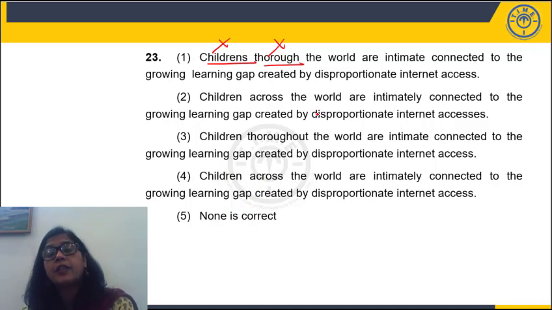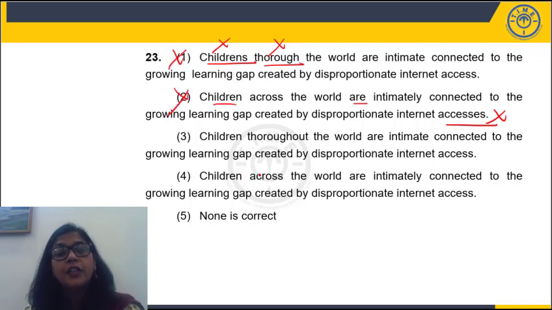Children across the world are intimately connected to the growing learning gap created by disproportionate internet accesses. Disproportionate internet access. So one out, two out.